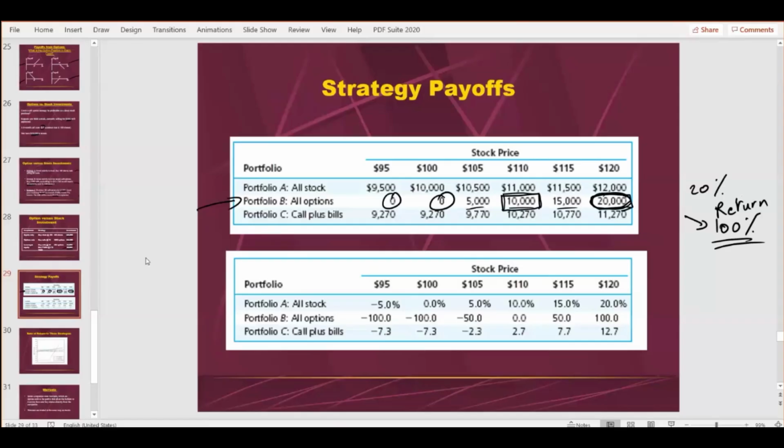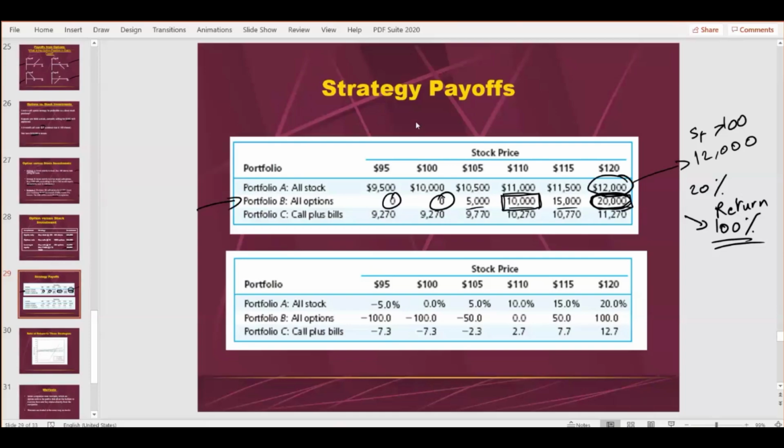Now for the stock position, as long as the stock price is greater than 100, I will end up with a profit. Let's say the stock increases by 20%. I will have $12,000 as payoff.